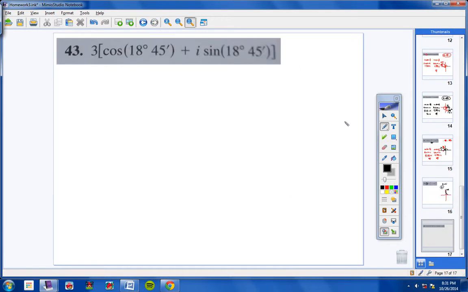Okay, number 43. 18 degrees and 45 minutes. And if it helps you, that's the same thing as 18.75. If you take 45 and put it over 60, you get 3/4. So 18.75 would be the exact same answer.